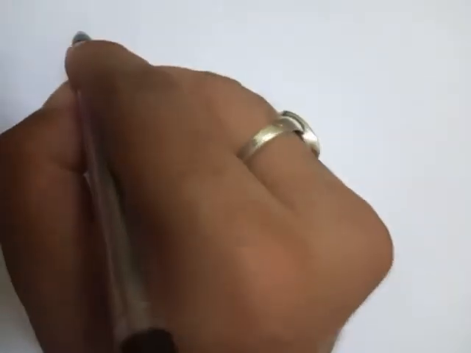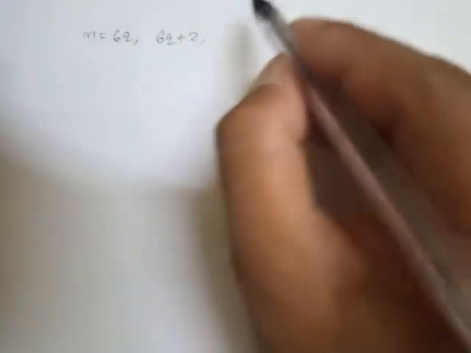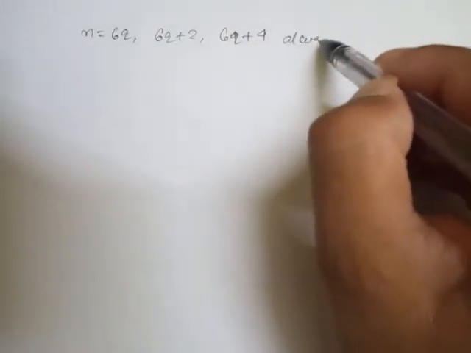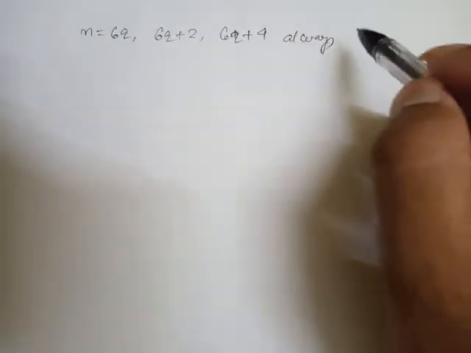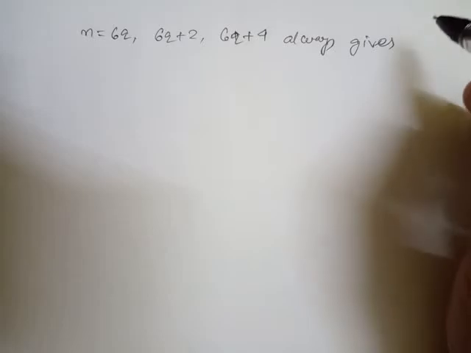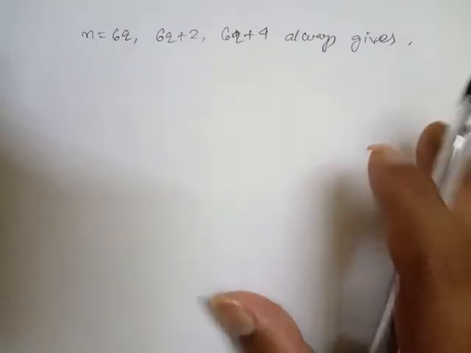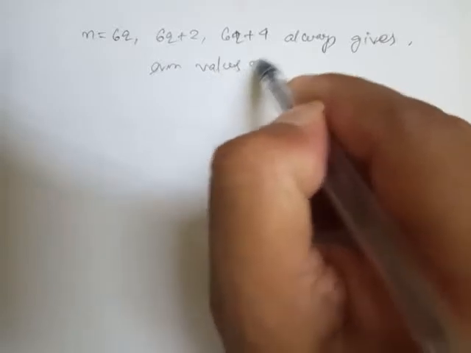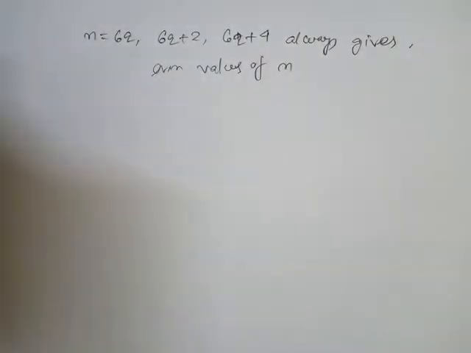that n equal to 6q, 6q plus 2, 6q plus 4 always gives even values of n.